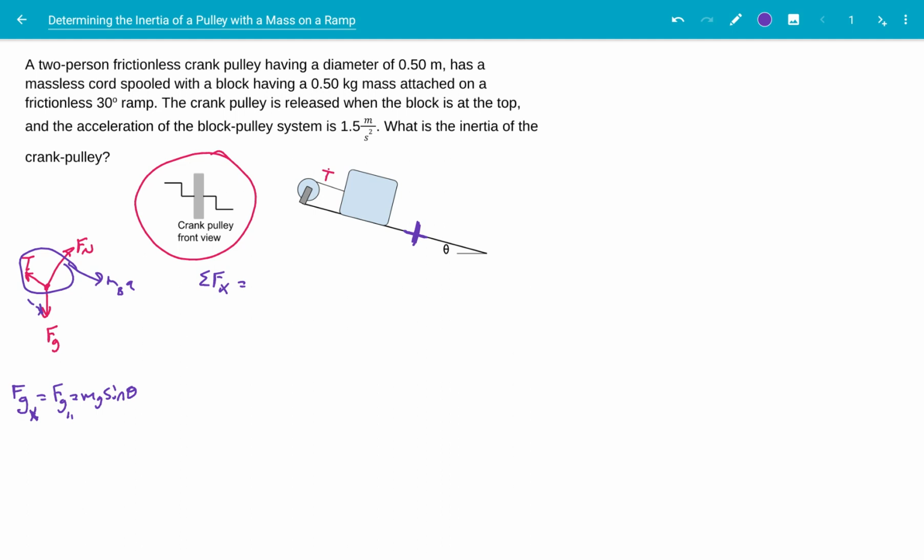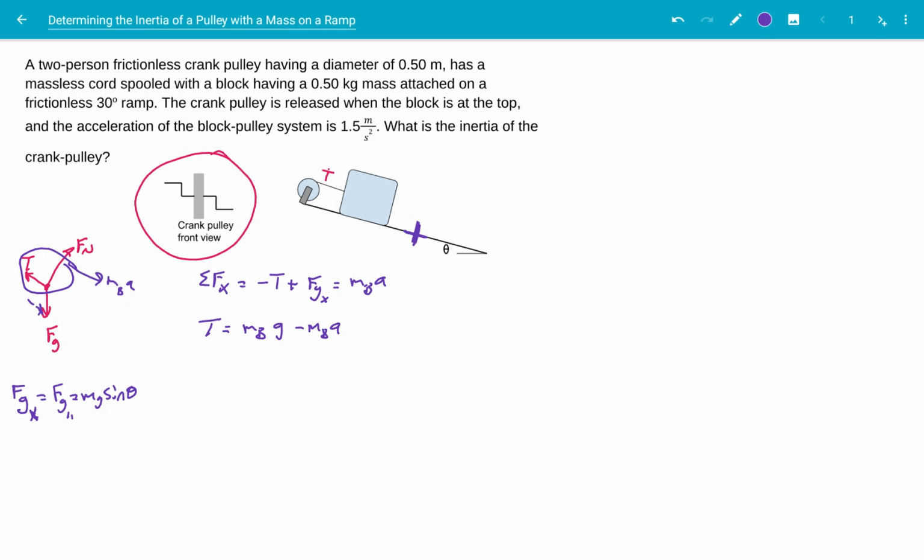So what we're going to have is a negative tension plus Fg, and I call it x, equal to a positive mass of the block times the acceleration in a positive direction. So if we solve for T, T equals m, the mass of the block, g, minus the mass of the block and its acceleration.